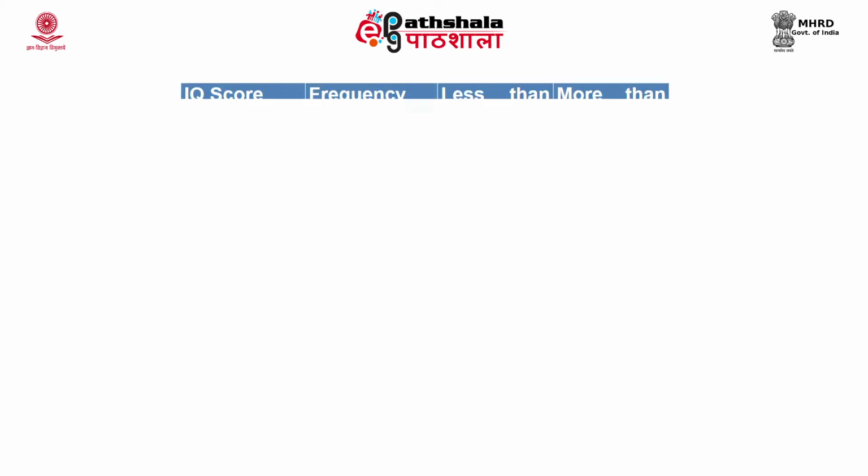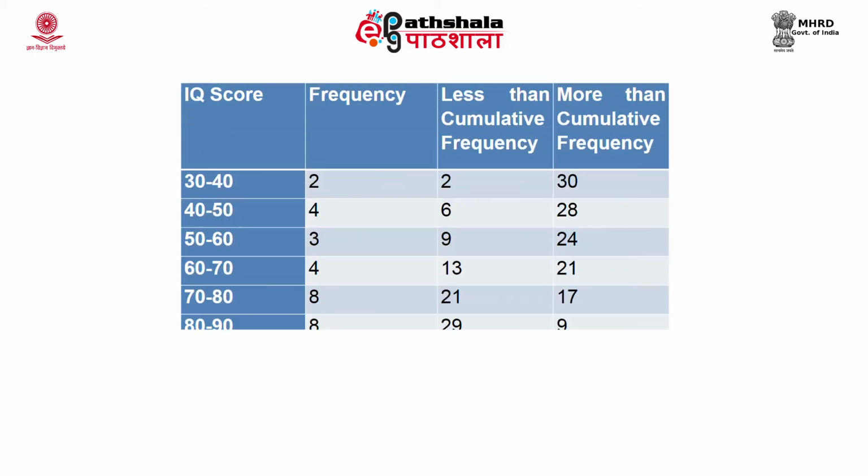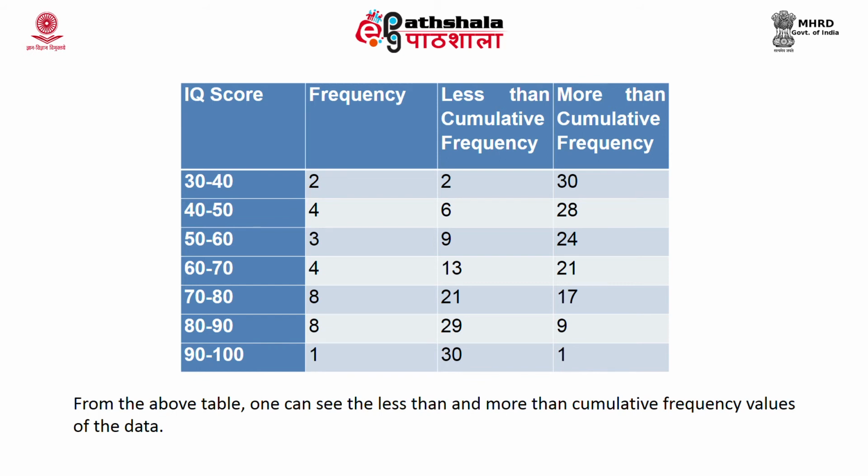Now, from the above table, you can see that the less than or more than frequency table is given on the right hand side of the table. Now, the procedure is how to calculate the less than type cumulative frequency and more than type cumulative frequency. For that, we can see that in the class interval 30 to 40 we have frequency value 2, and in the next interval we have frequency value 4, that is for interval 40 to 50.